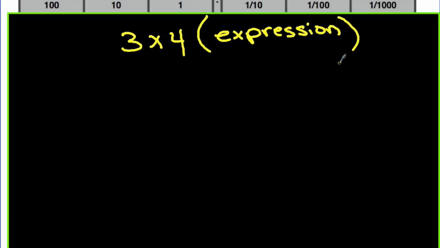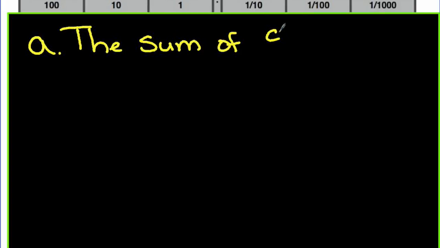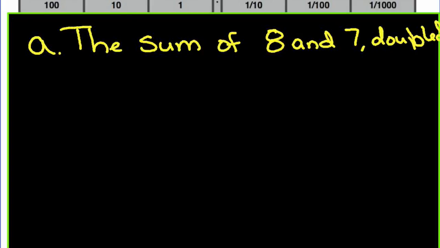So it says, in A, we're supposed to draw a model and then write a numerical expression. Well, we've been drawing models for a while because our model today is going to be the tape diagram, which I think is becoming easier, if you ask me. So the question that we have to answer is, doubled.